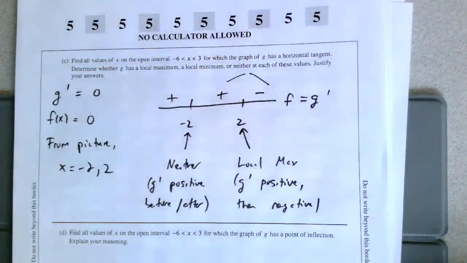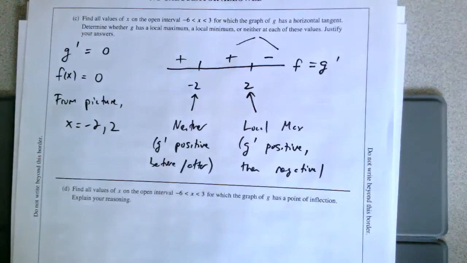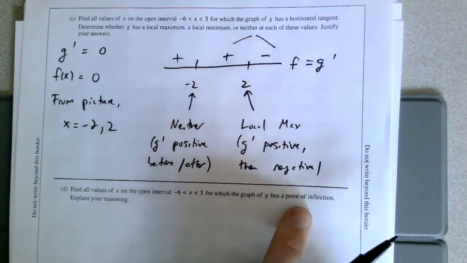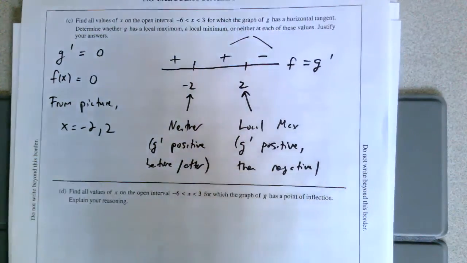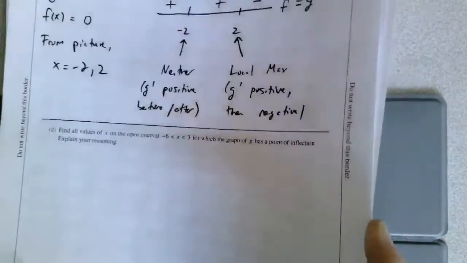Finally, part D, and this is where we'll end. Find all values of x on the open interval -6 to 3, so same interval as before, for which the graph of g has a point of inflection. Explain your reasoning. A point of inflection is of course a place where the concavity changes.